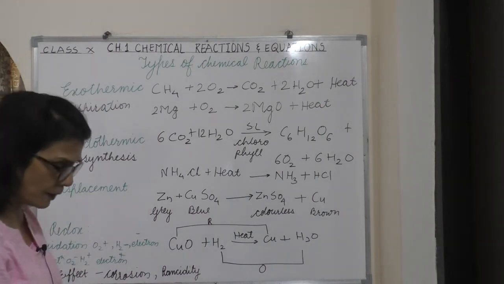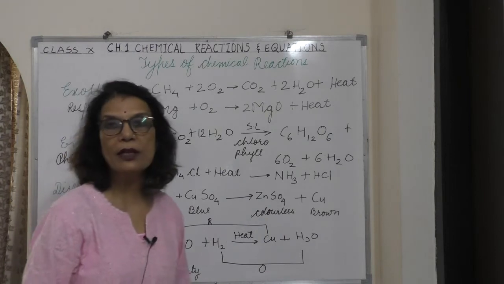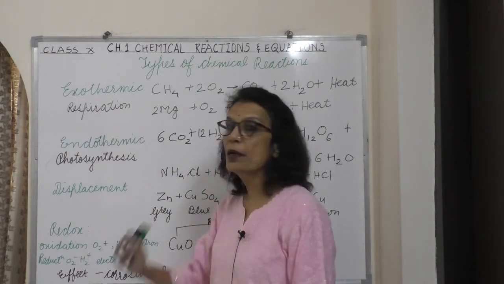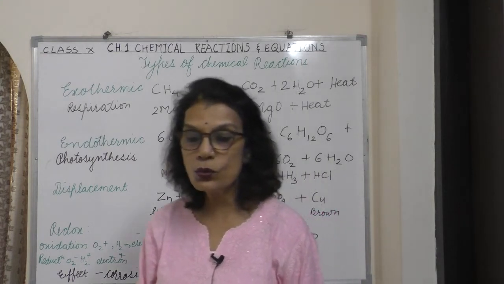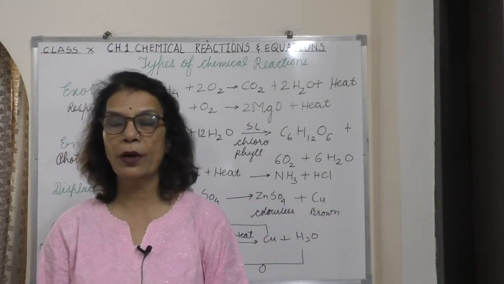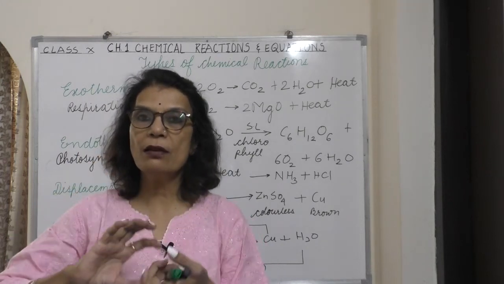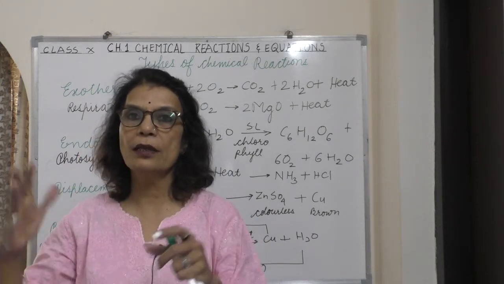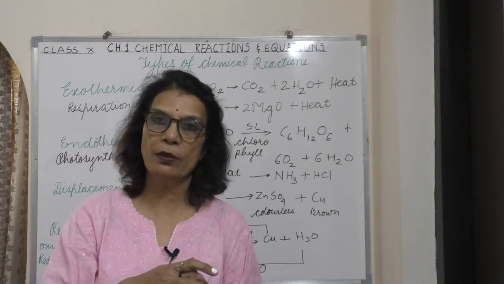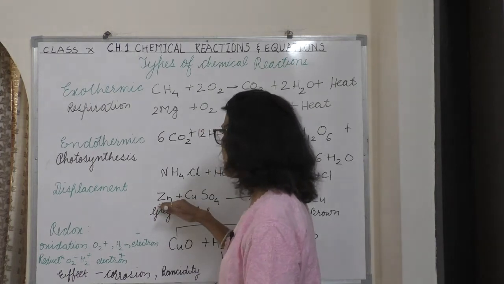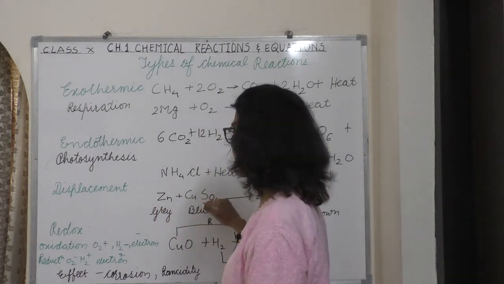Coming to displacement reaction. Displacement reaction is the reaction in which a single element reacts with a compound and breaks the compound. The weaker one separates and the stronger one combines with the element. I am giving you an example. Here zinc is reacting with copper sulfate.